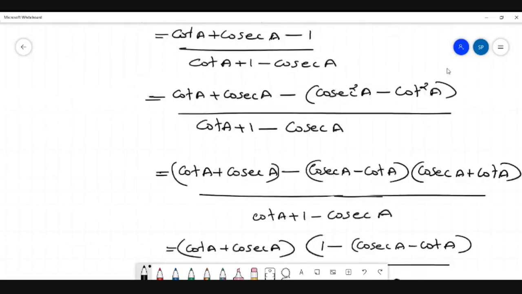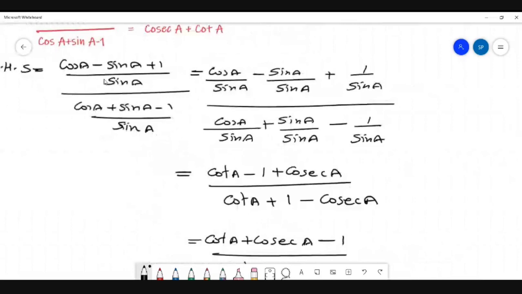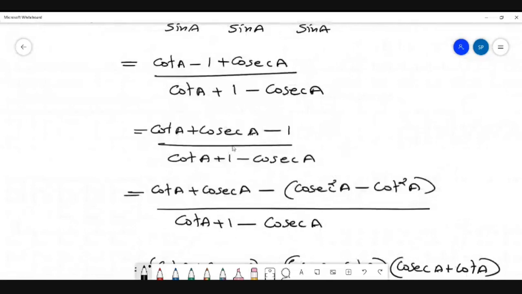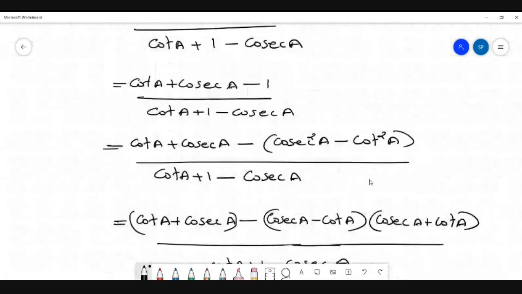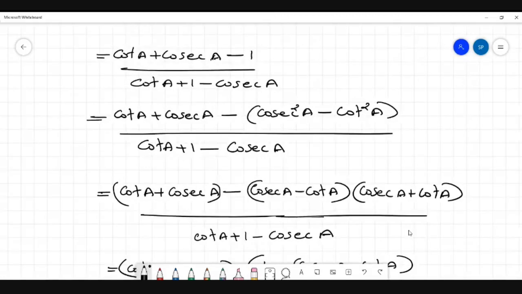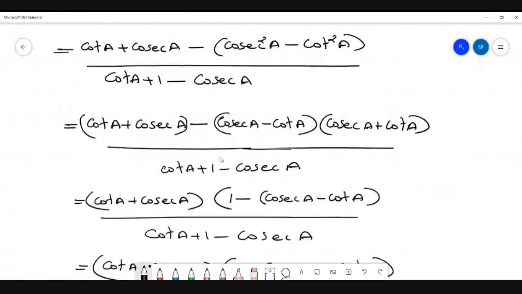We started with this, that is divided each term by sin A, numerator as well as denominator. So we converted in terms of cot and cosec. Then after rearranging the terms, we substituted an identity for 1, that is cosec square A minus cot square A. Again, we applied the formula A square minus B square, A minus B into A plus B. We did not do anything with the denominator.